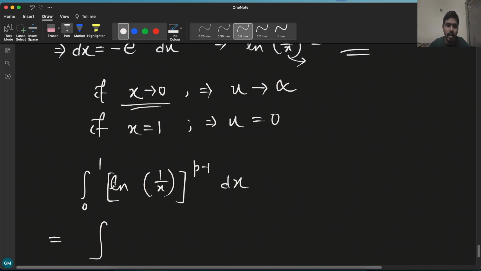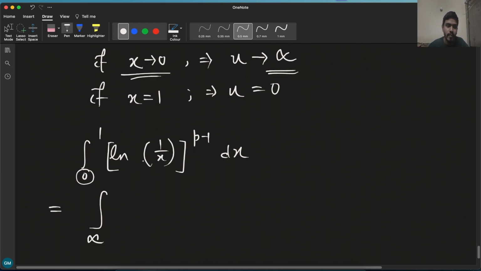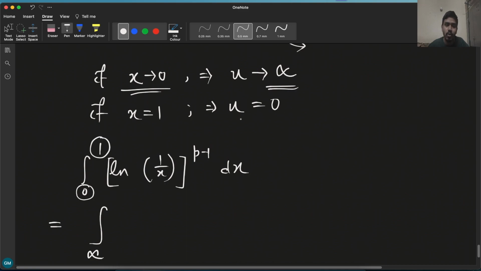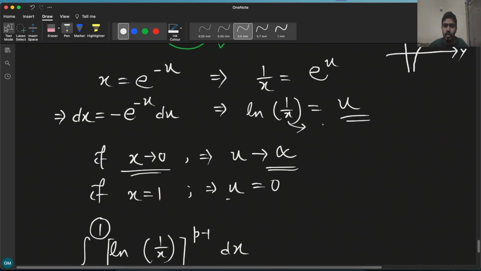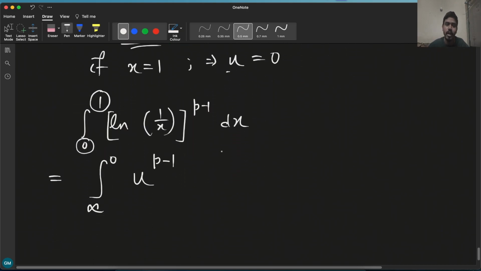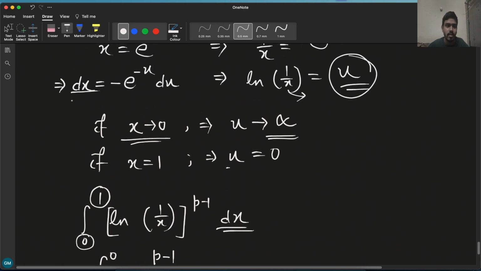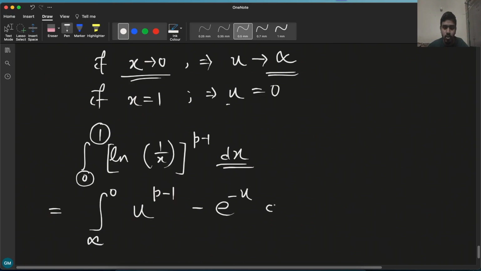In that case, the integration limit will also be in terms of u. So instead of x equals 0, I will write infinity, for x equals 0, u tends to infinity. And for x equals 1, u will be 0. And instead of ln 1 by x, I will write u. So it is u to the power p minus 1. And instead of this dx, I will write this term, which is minus e to the power minus u du.